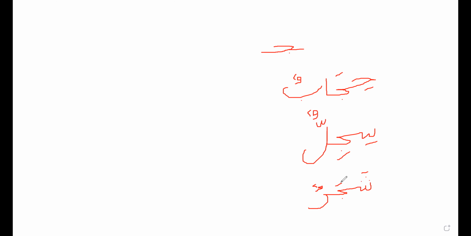Hijabun. If I ask you to write it in English, or to transliterate it into English, this is what you are expected to write: hijabun. Then you have the ba with tanween, hijabun.